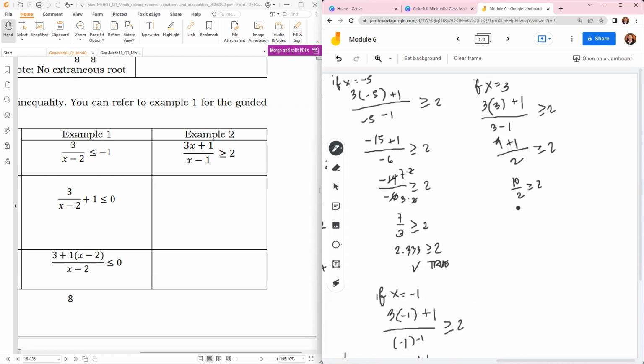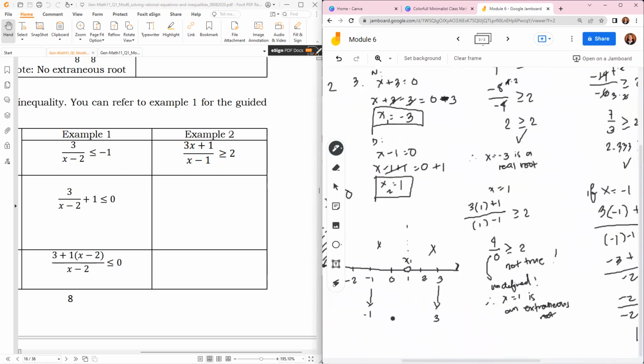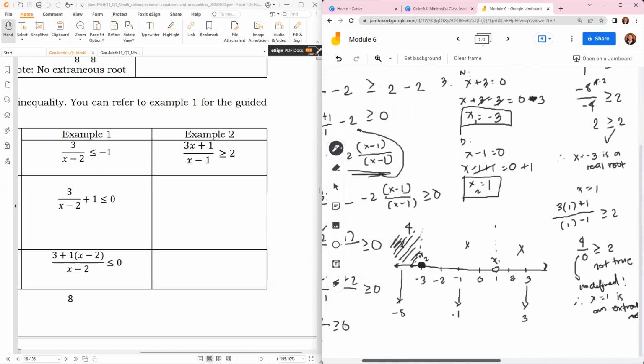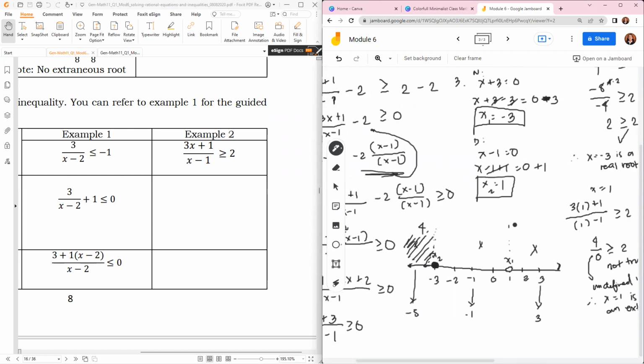So what is 10 over 2? That's equal to 5. So I ask, is 5 greater than or equal to 2? Yes, it is. So this is true. Meaning to say, katong area kung asa na belong si 3, x is equal to 3, is part of the solution. So we shade this portion.